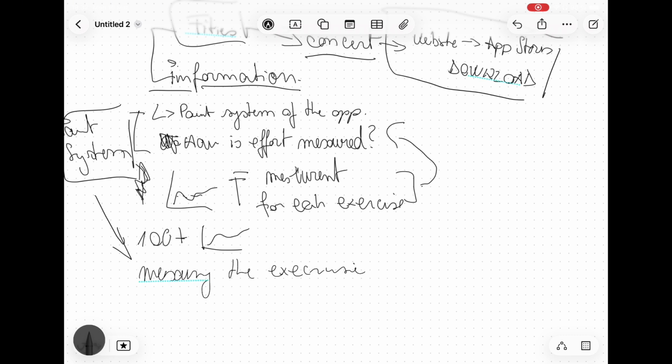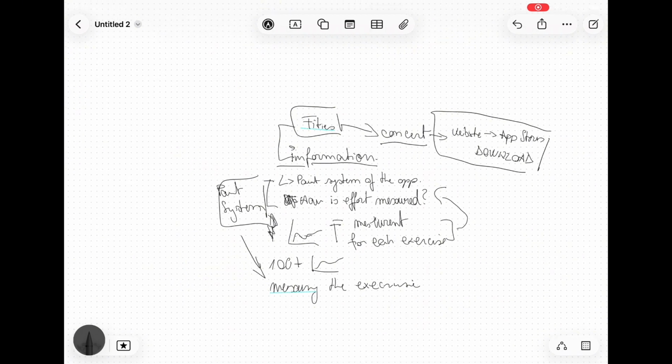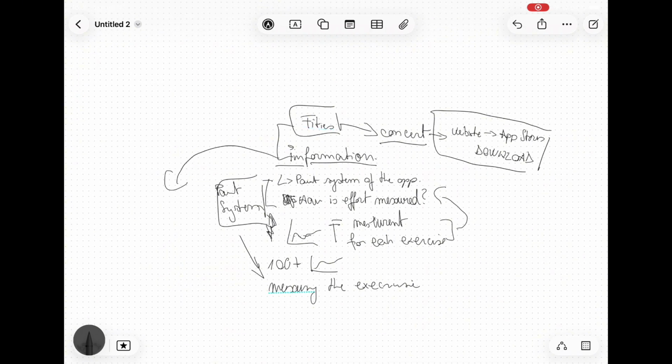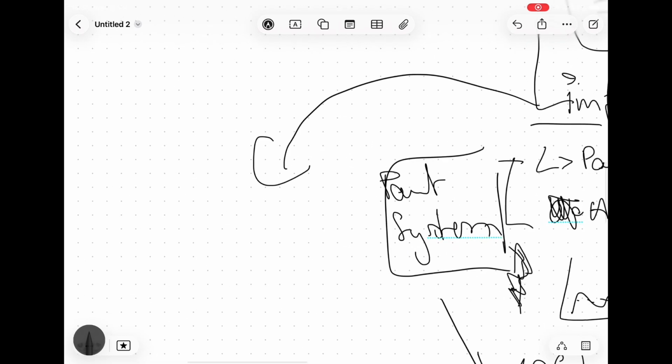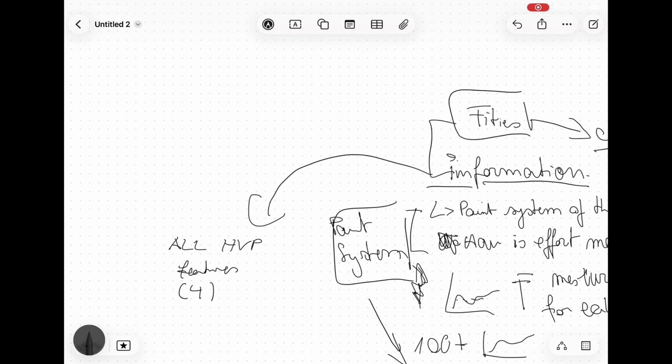Cool. Now, we're going to have to add some standard information as well. So I'm going to doodle my way out from here. We're going to have to describe all the MVP features, which are four of them. I'm also thinking of a very small section about me, about who I am, because they probably want to understand, who is this guy and why is he doing it?